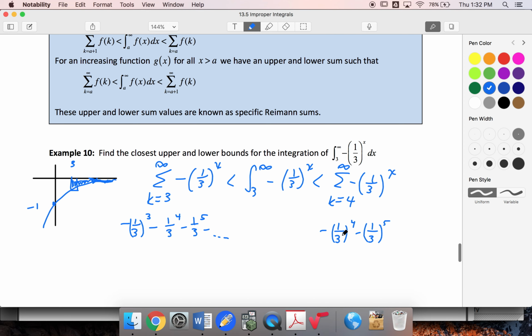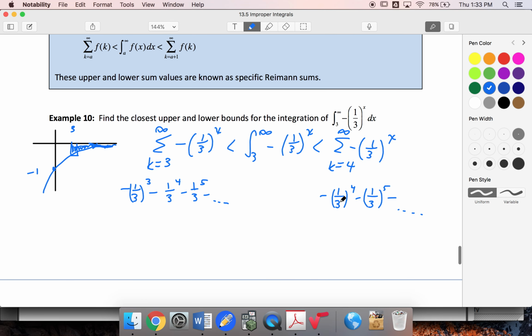The power is applying to the fraction, not the negative sign. So this sum is going to be greater than this sum because I'm summing negative values. So by not including this, I have a larger value.